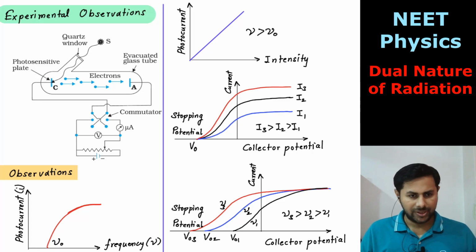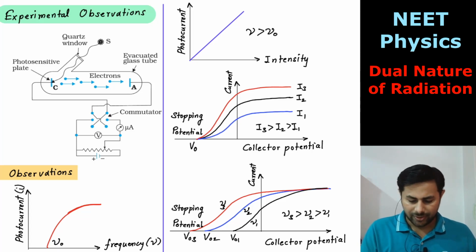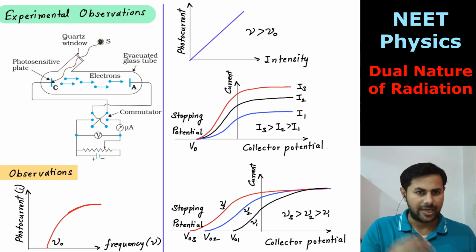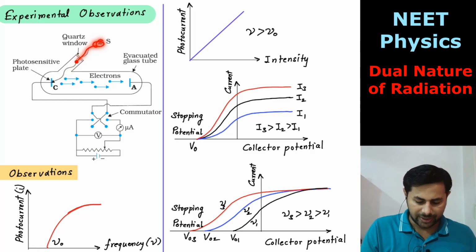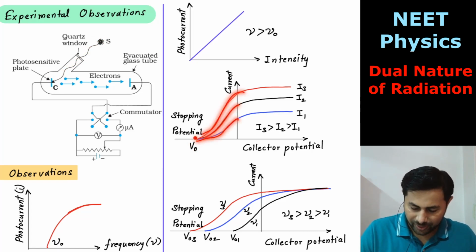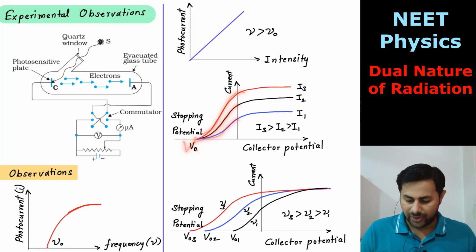And the observation here is, no matter how much the intensity of this light was, how bright the light was, the electrons will stop at the same potential difference. So see here, the stopping potential for intensity I1, I2 and I3 is equal.